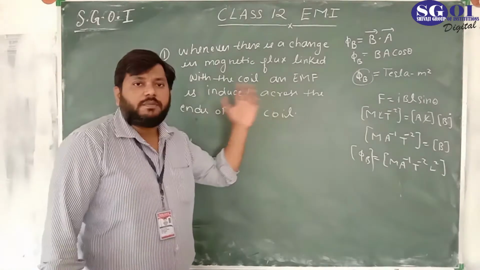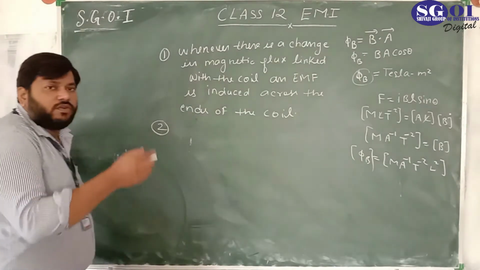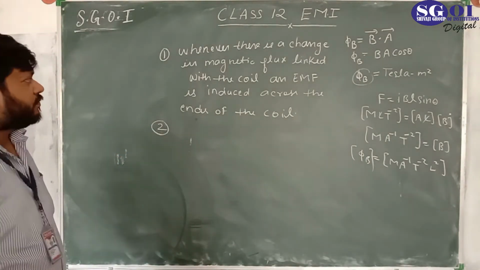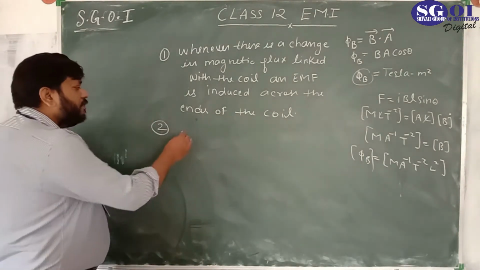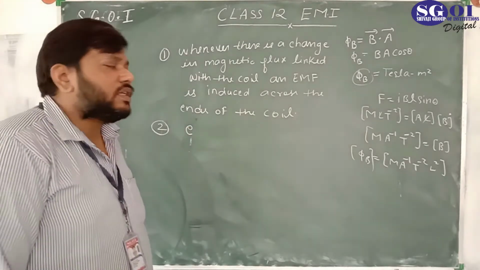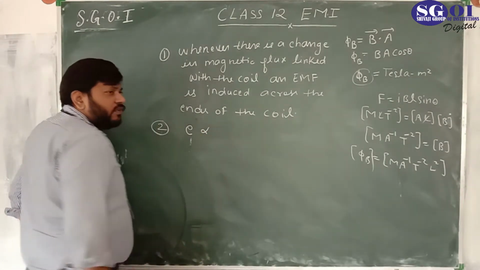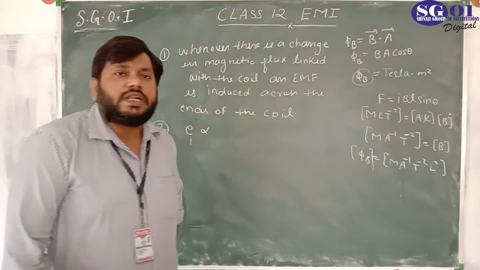Second part: the first is the reason for induction of EMF across the coil, and the second is the mathematical form of this concept. The EMF induced, denoted by E, across the ends of the coil is directly proportional to the rate of change of flux linked with the coil.